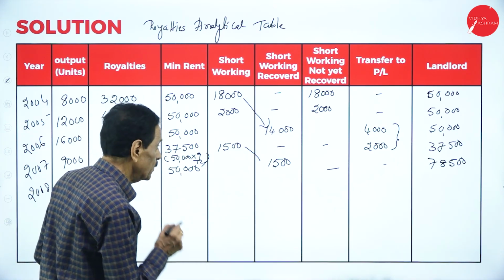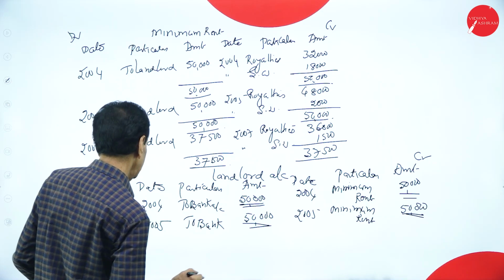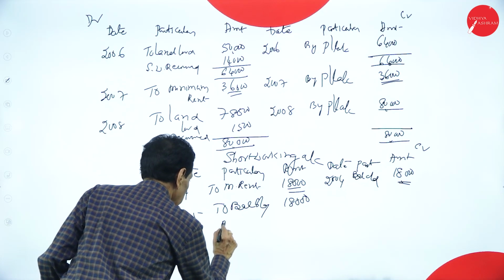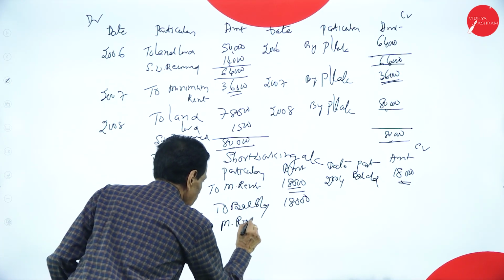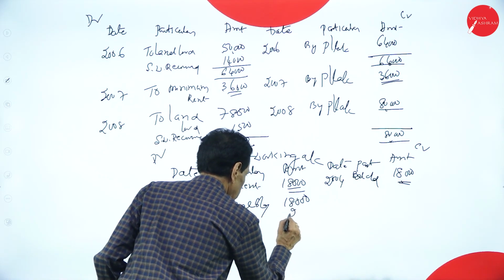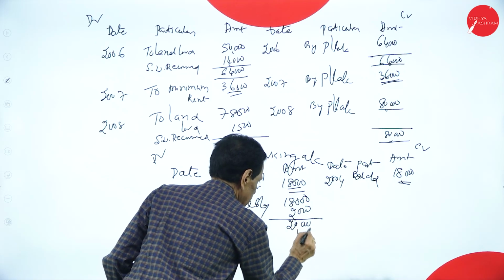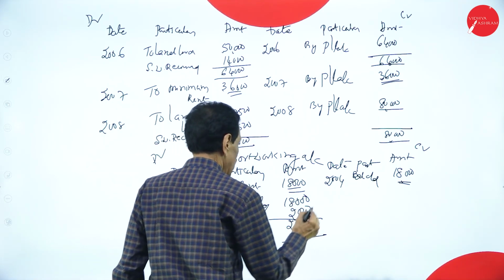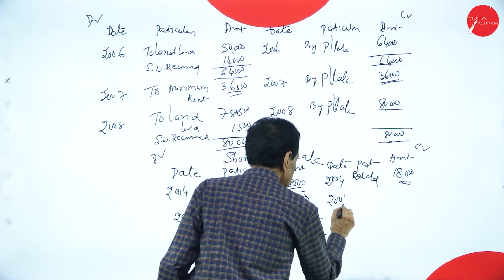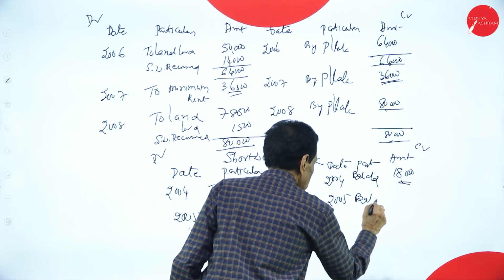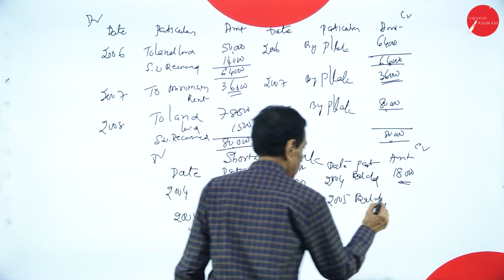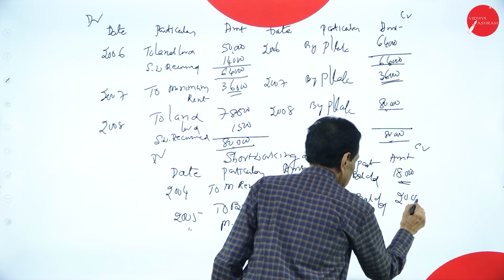Royalty account debit, short working account to minimum rent, 2,000. Totally 20,000. Balance carried down, 20,000.